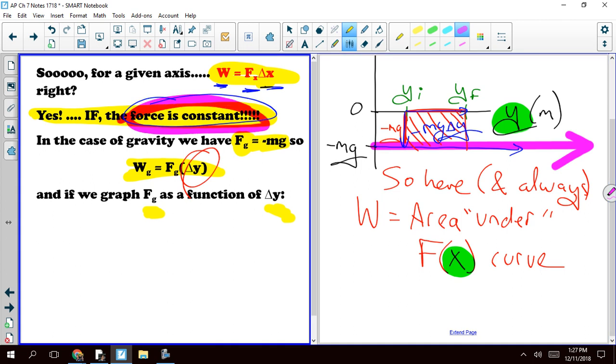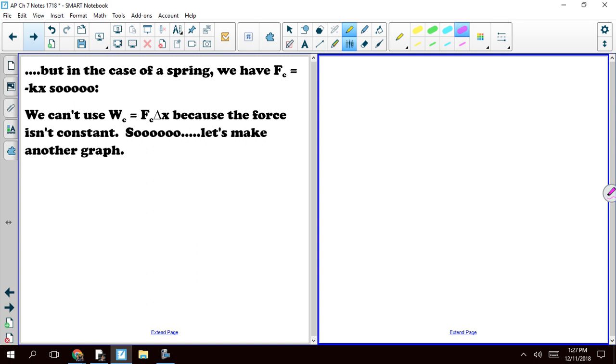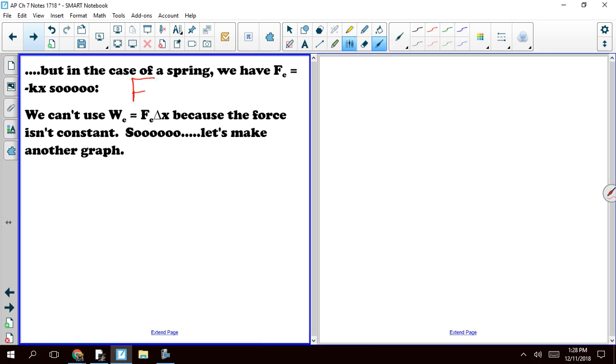So what happens if we've got a force that is not constant? Let's take a look at a spring. I'm going to use Fe to represent the force of the spring, E for elastic. The idea is our elastic force is negative kx.